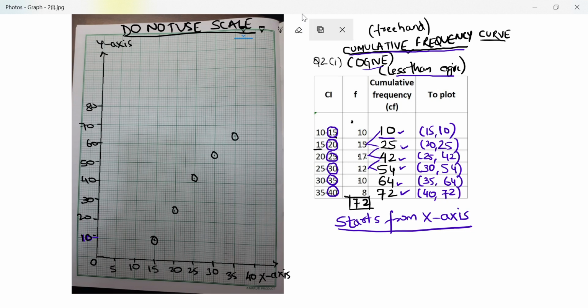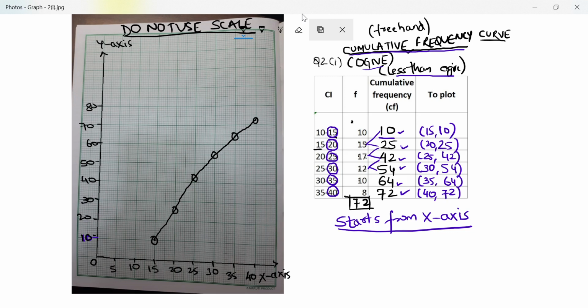And then the last is 72, which is 2 units above 70, which is this one. So now, like I said, it's a curve, so let me join it using freehand. Different people will get slightly different curves because this is freehand.